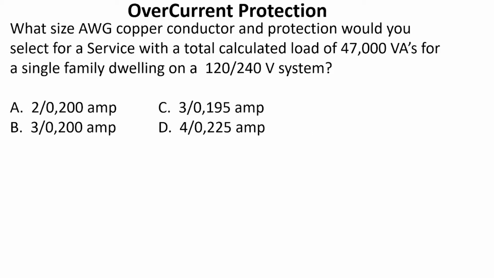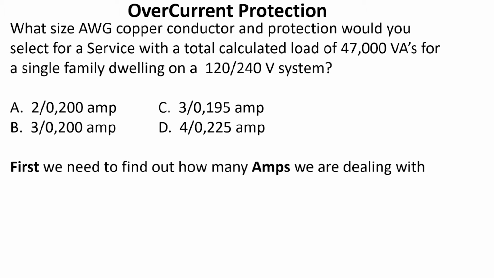What size AWG copper conductor and protection would you select for a service with a total calculated load of 47,000 VAs for a single-family dwelling unit on a 120-240 volt system? First, we need to find out how many amps we're dealing with and select our overcurrent protection.